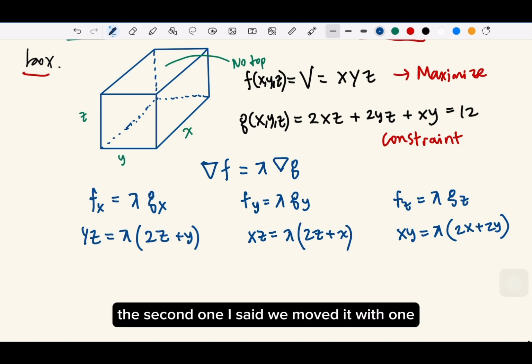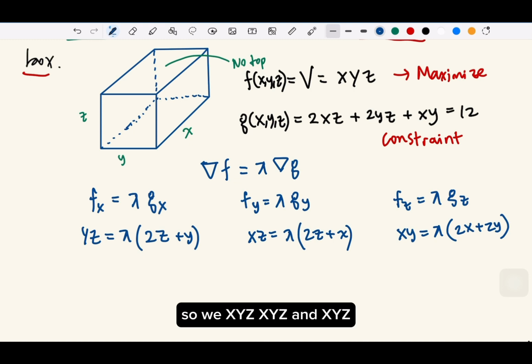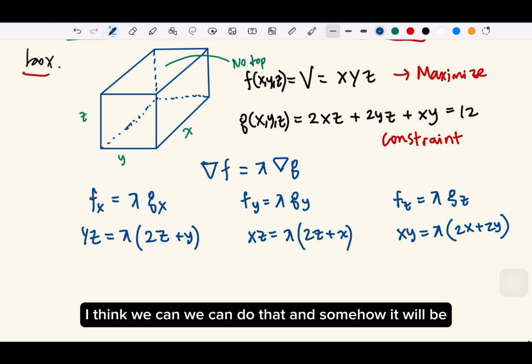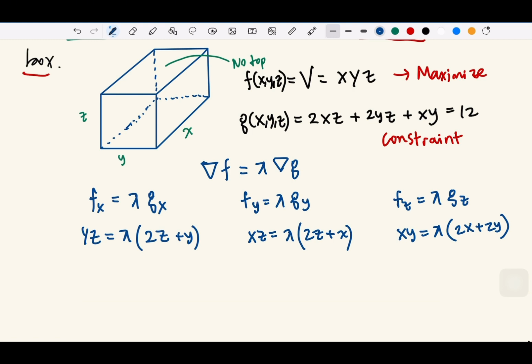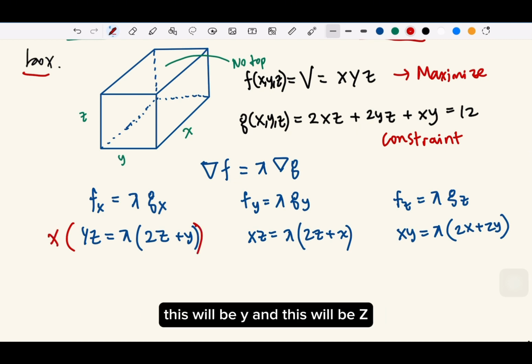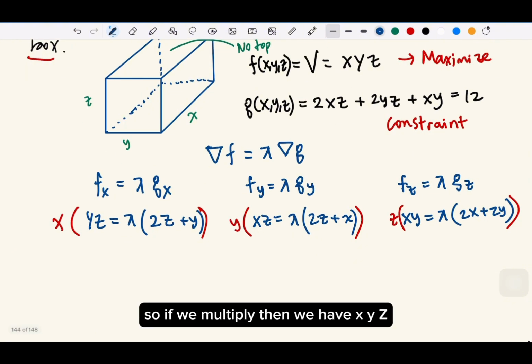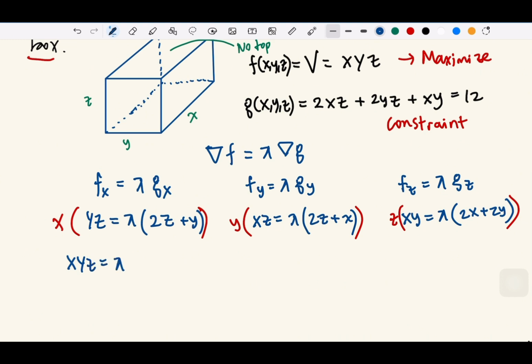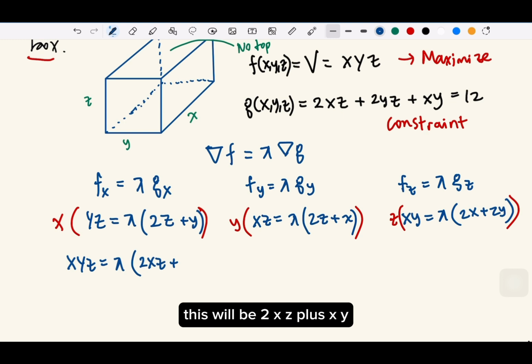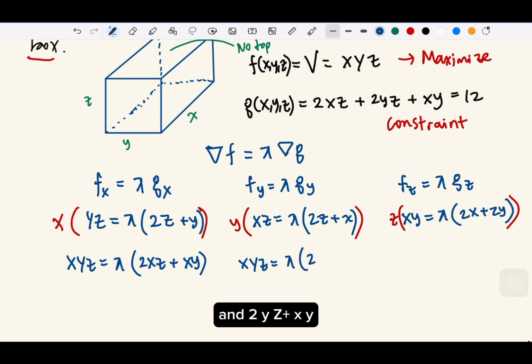Let's say we multiply the second with y, and the third with z. So it will be xyz, xyz, and xyz on the left side. On the right side, the first will be 2xz plus xy, the second 2yz plus xy, and the third 2xz plus 2yz, right?